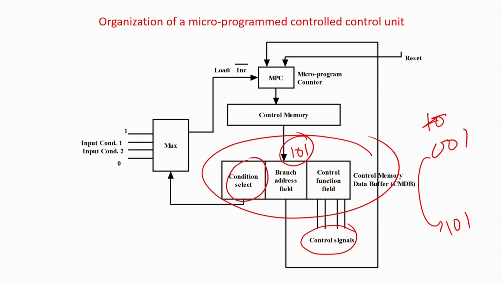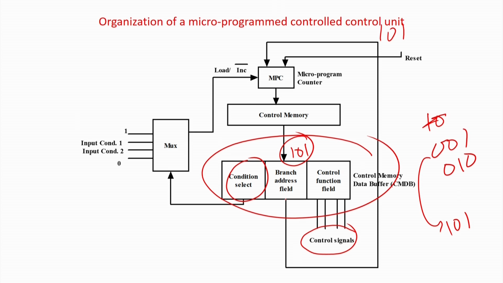Now, how can I tell that I have to go to this branch? This is very simple. 101 means you have to update the value of the microprogram counter, the microprogram PC, to 101. Otherwise, it will go from 001 to 010, it will increment. But you are telling it, no, I do not want to go to 010, rather I want to go to 101, which is basically 5.